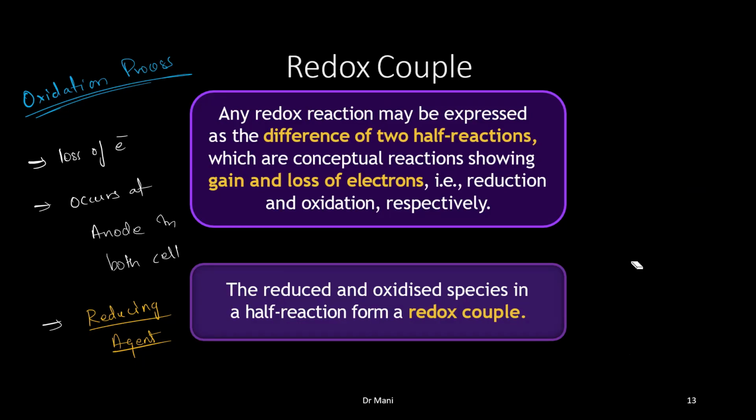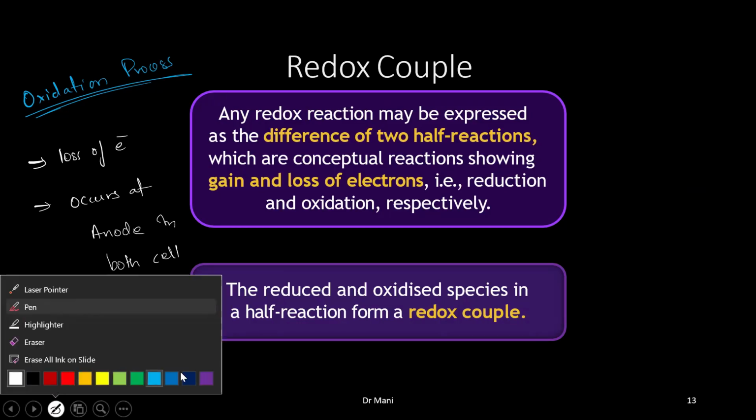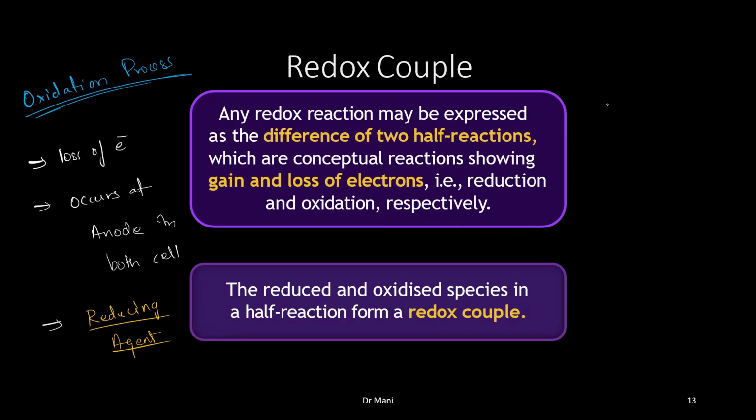So that's about the oxidation process. If you see the same thing about the reduction process, the opposite things will happen. So in the reduction process, what happens? Here, loss of electrons; there, gain of electrons. Oxidation occurs at the anode in both cells; reduction occurs at the cathode in both cells.